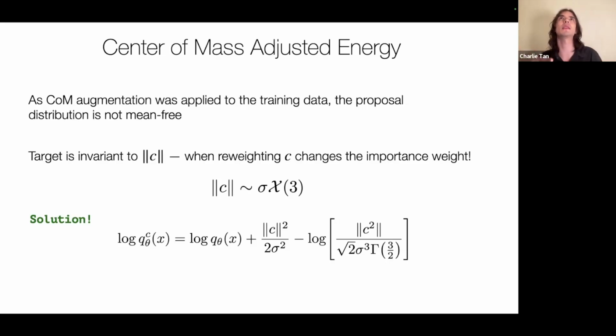And so your model is then going to say, this isn't very likely, because it's far from the origin. When you compute the importance weights, it's going to have a very low Q theta of x, but also low P of x, and this will lead to a very large importance weight. So does that make sense?